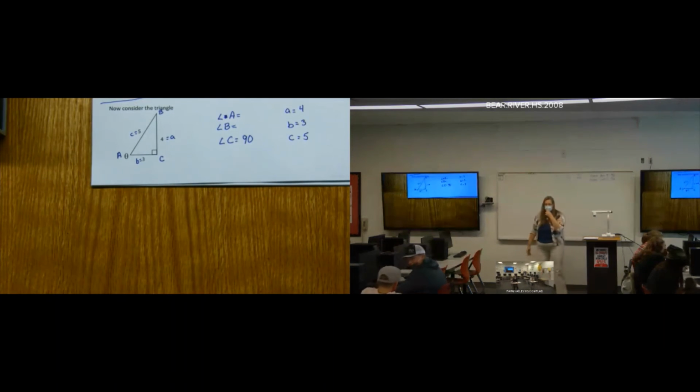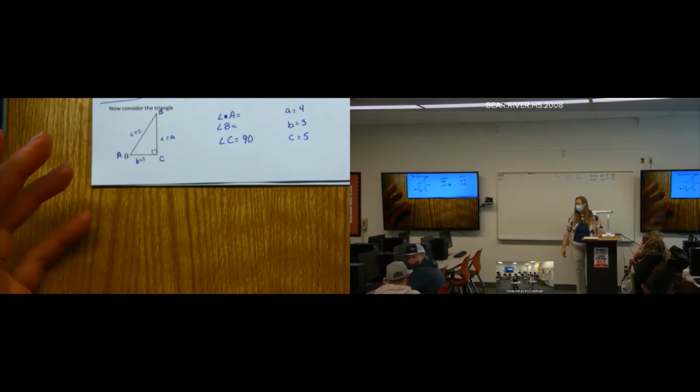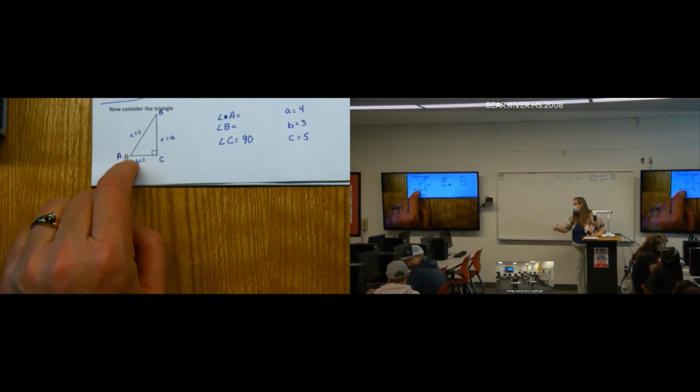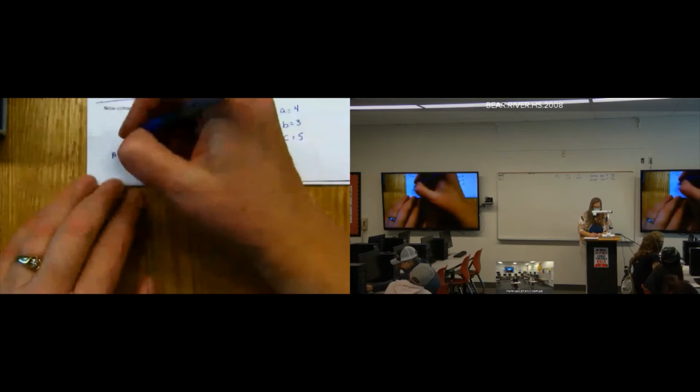So here's how it works. We have to go, which angle do I want to find first? And it doesn't matter. That's not a 0, that's a theta. It's another variable. Okay, so here we go. Let's say we want to find A first.